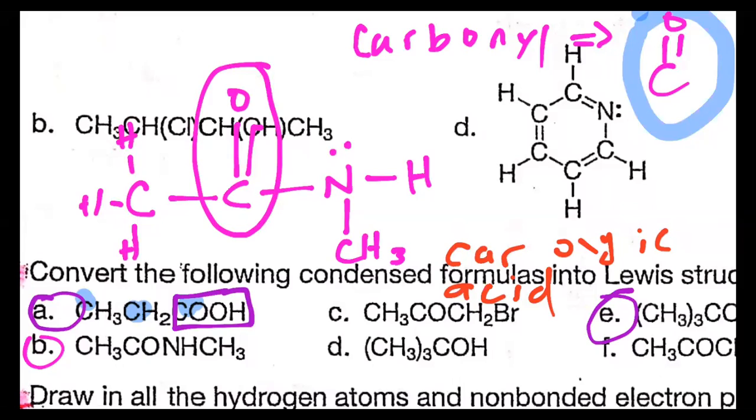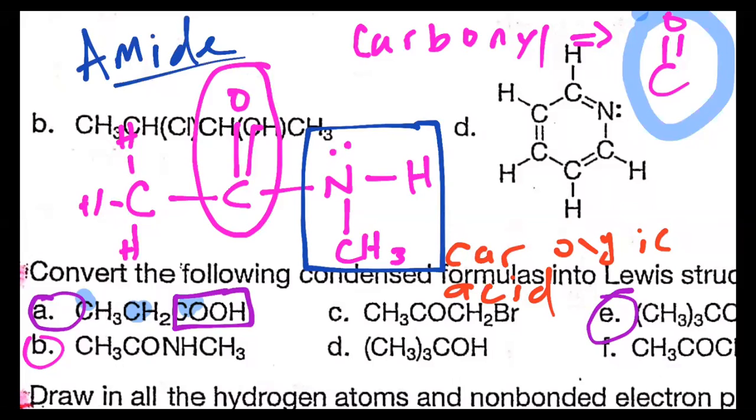I know I'm throwing in these functional groups, but we have to learn them anyway. The fact that there's a nitrogen connected to that carbonyl makes this a totally different type of functional group. It's not an acid. This is what we call an amide, A-M-I-D-E.